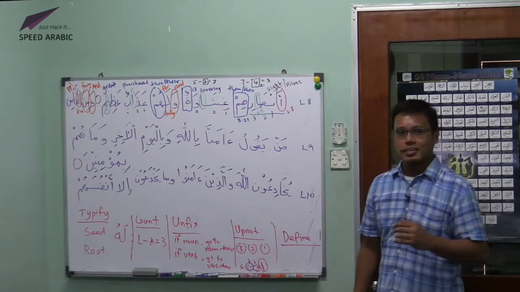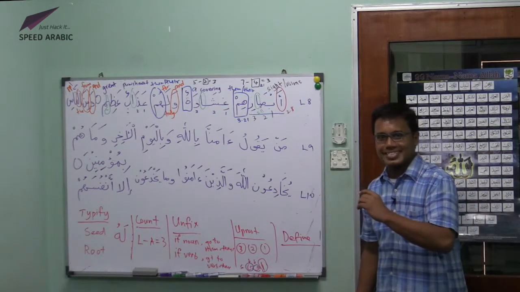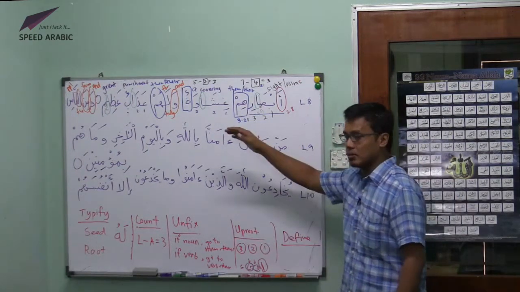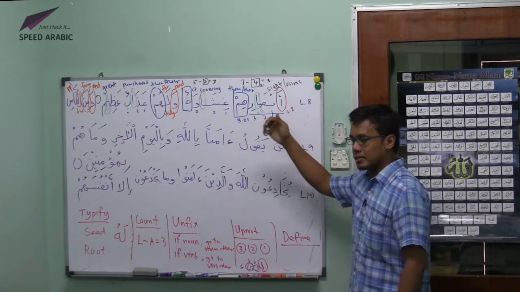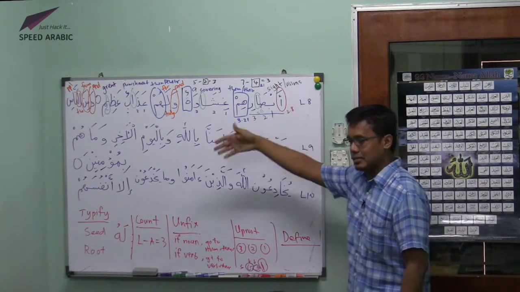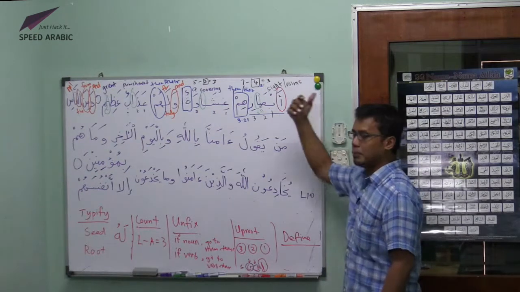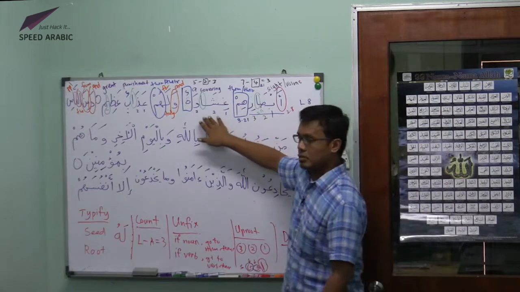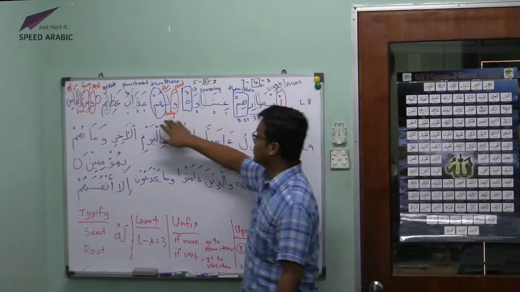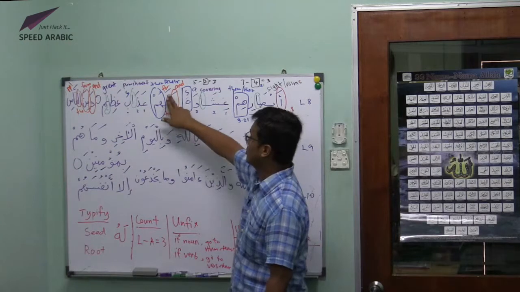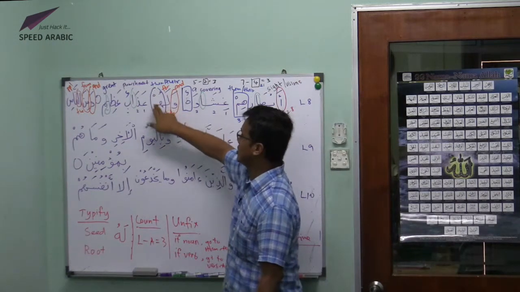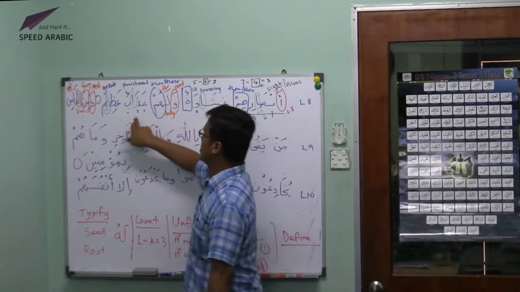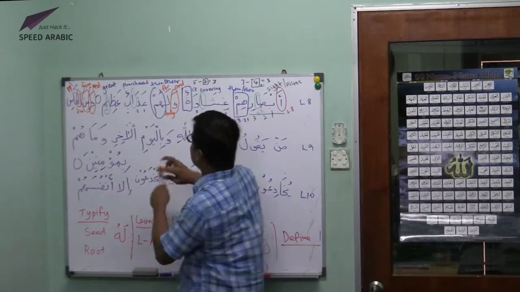Kalau saya nak try interim translation, saya mulakan dulu daripada atas. Khatamallahu ala qulubihim. Allah sealed their hearts and their hearings, and upon their visions, a covering, and for them a punishment.